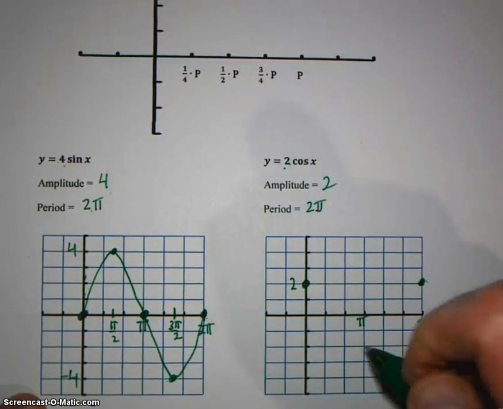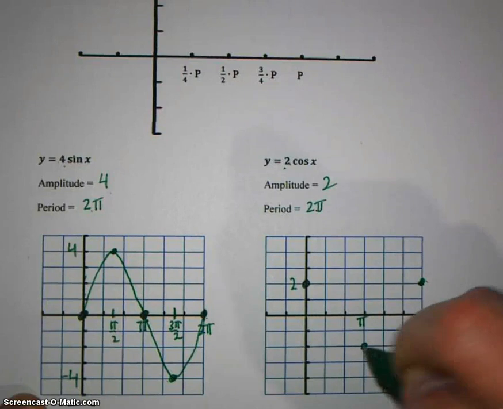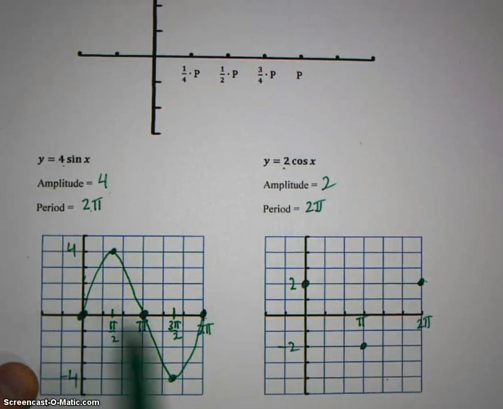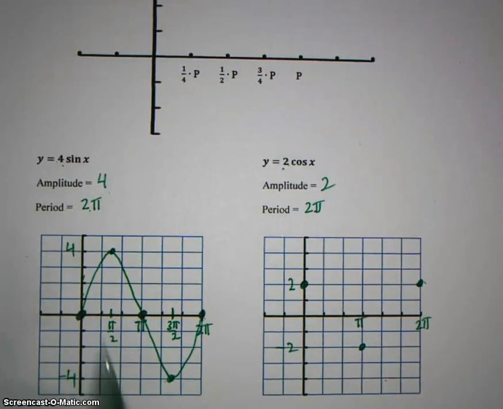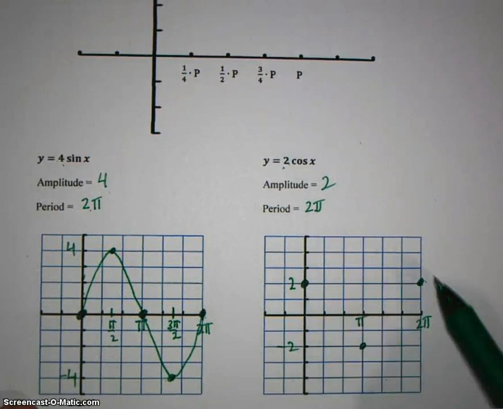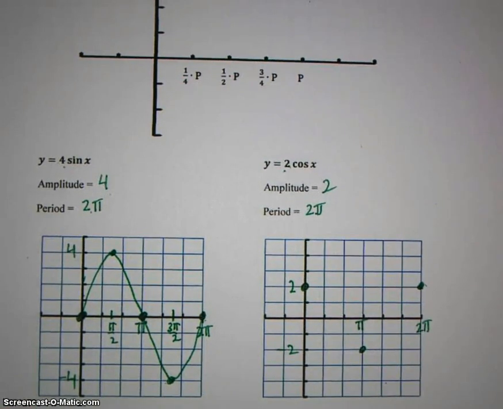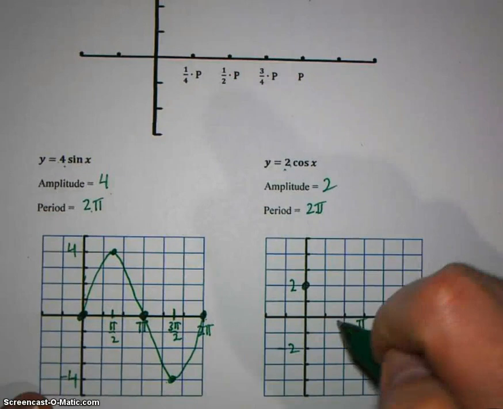And this is where we're going to have our low point, negative 2. All right, so again, notice the difference. On your sine graph, your 2 endpoints and your middle point are all on the axis. For a cosine graph, your 2 endpoints and your middle point are all off the axis. The other 2 points are on the axis.